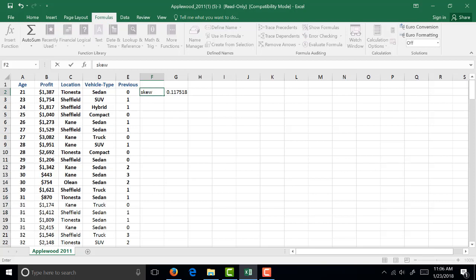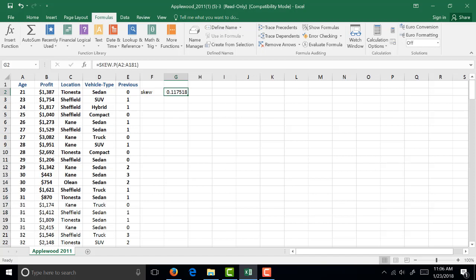Now, how we measure skewedness: this data is a positive number, so this is actually positively skewed. If this number was negative, then we know it would be negatively skewed data. So once again, think about the relationship of what that curve would look like.